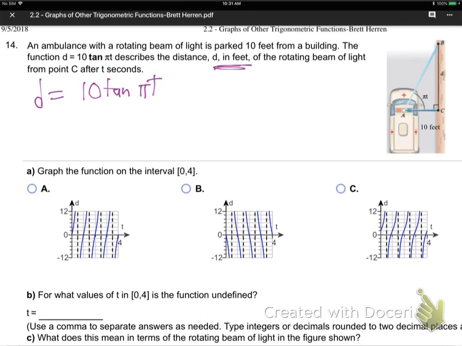Well, how do we graph a tangent function? What do we do? Grab the inside and say, hey, inside, pi t, pi x, same thing. You've got to be between negative pi over 2 and positive pi over 2.